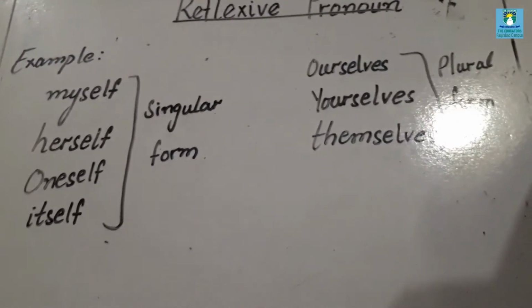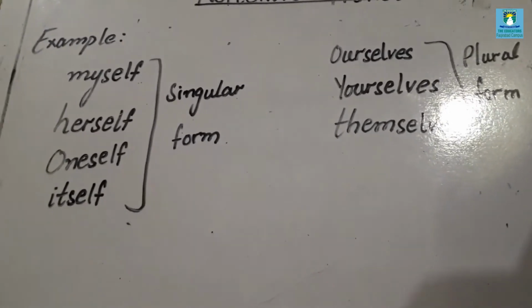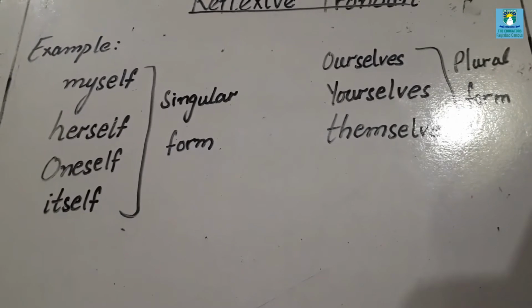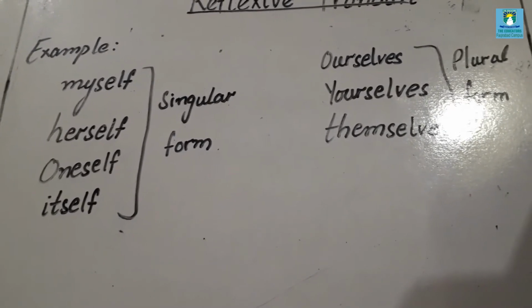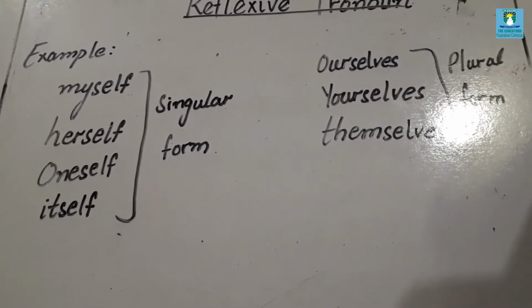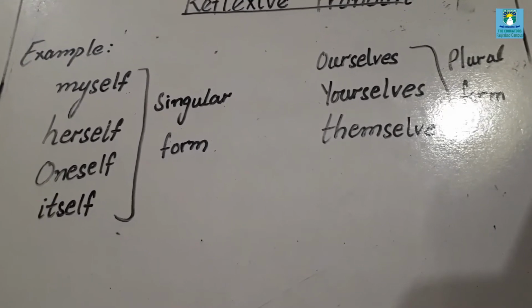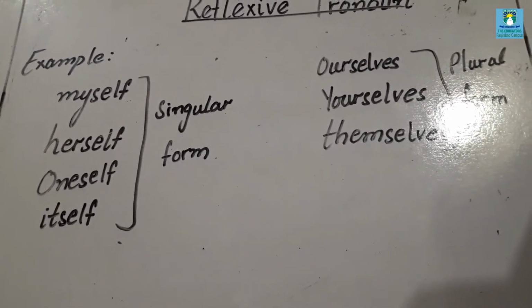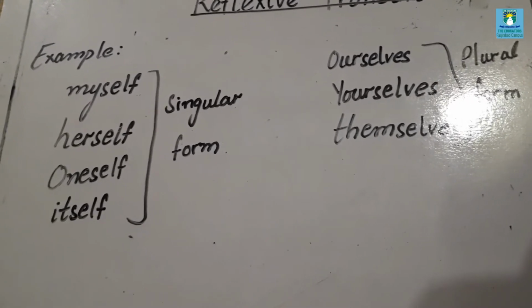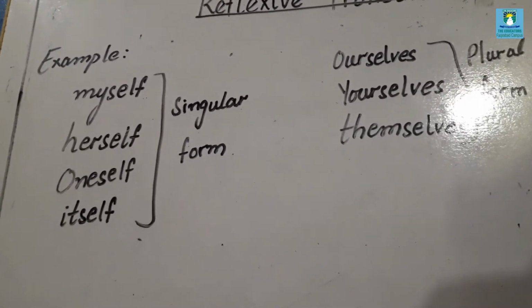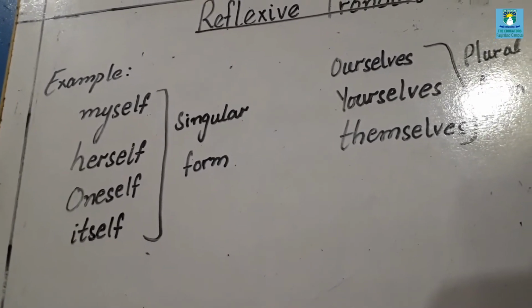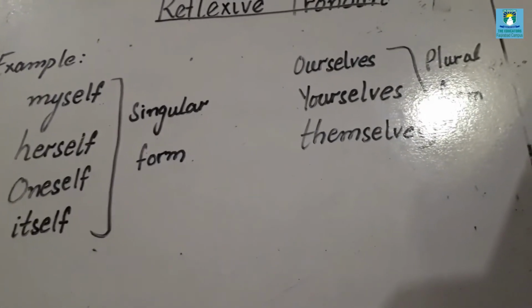We also can use reflexive pronoun when the action done by the subject of a sentence reflects back on the subject or affects the subject only and nobody else. Okay? An action which reflects back to the subject and affects only the subject but nobody else, in that case we use reflexive pronoun. Let me give you an example.